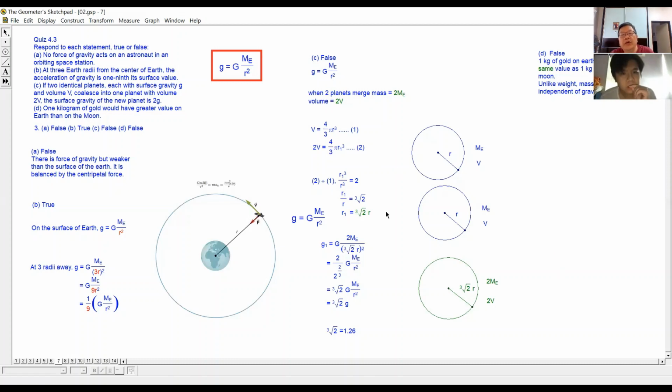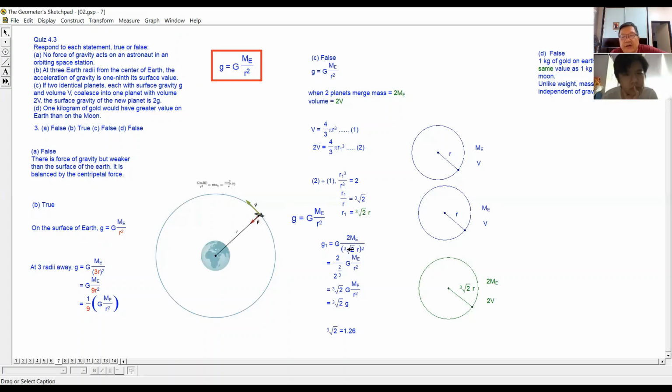You have to form two equations, one for the volume of the old planet, one for the volume of the new planet. From there, you derive the relationship between the radii. This relationship for the new radius, you substitute inside.